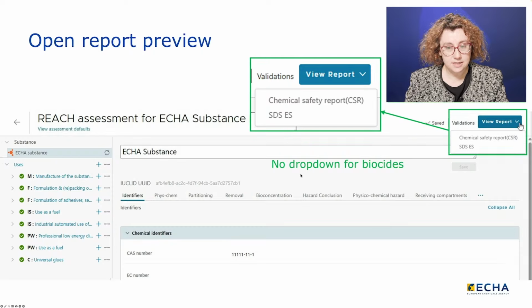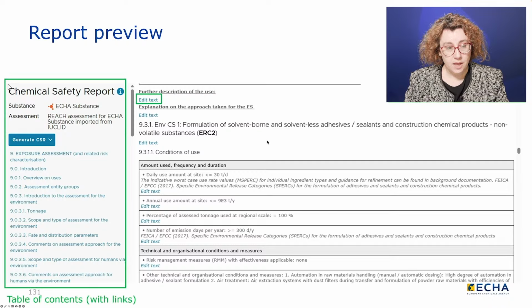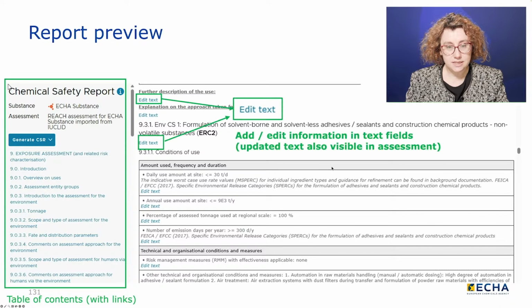If we take, for instance, the Chemical Safety Report, you will generate the preview, and when you generate the preview, on the left side, you will get the table of contents. This table of contents has links to all the uses so you can easily navigate, but then it also offers you the possibility of editing the report.